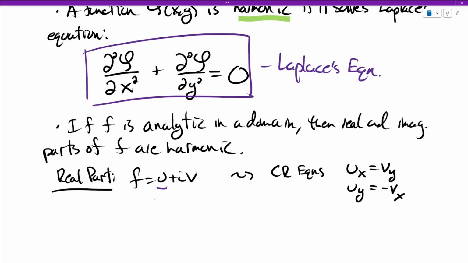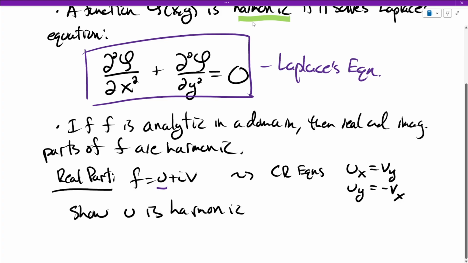So the claim is that u is harmonic. We want to show that the second partial derivative of u with respect to x plus the second partial derivative of u with respect to y should be 0. So let's check that.